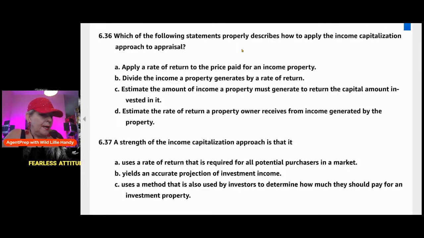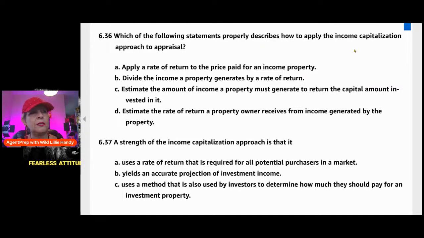There's an income capitalization rate formula that you can use. All right, so the answer here is 36, B. You divide the income a property generates by the rate of return.